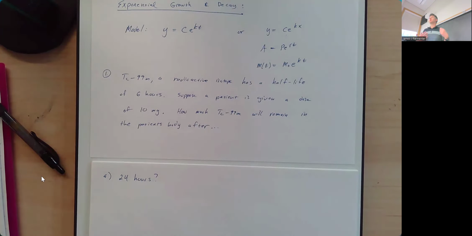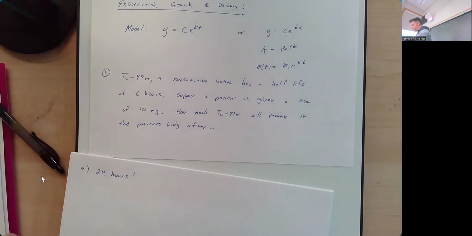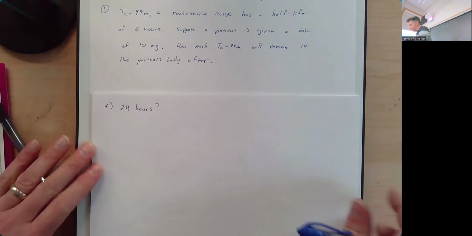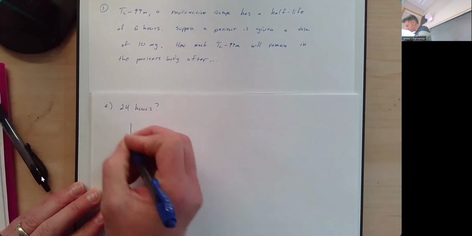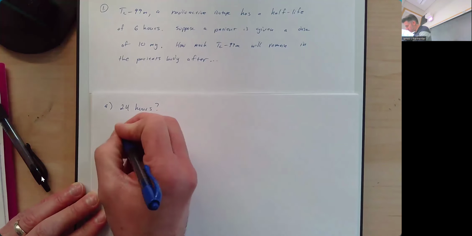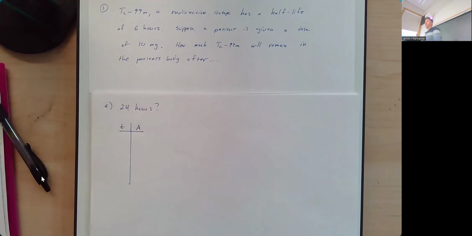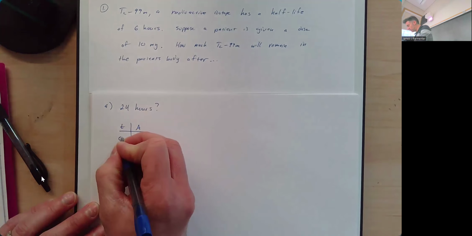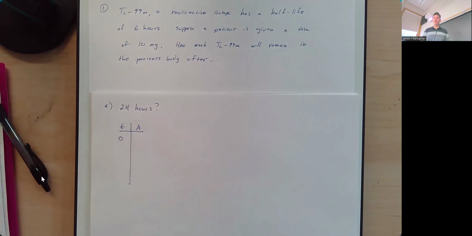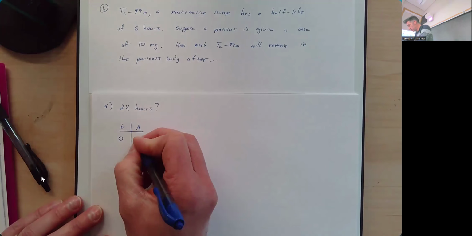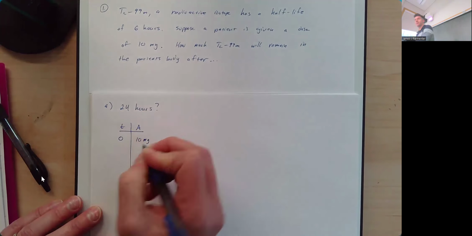We were given a 6-hour interval. Let's write down some data points here. So here's what I know so far. I'm going to have time, and I'm going to have the amount. So I know at the beginning, when I give the patient their dose of TC99M, which is time equal to 0, the amount of TC99M is going to be 10 milligrams.